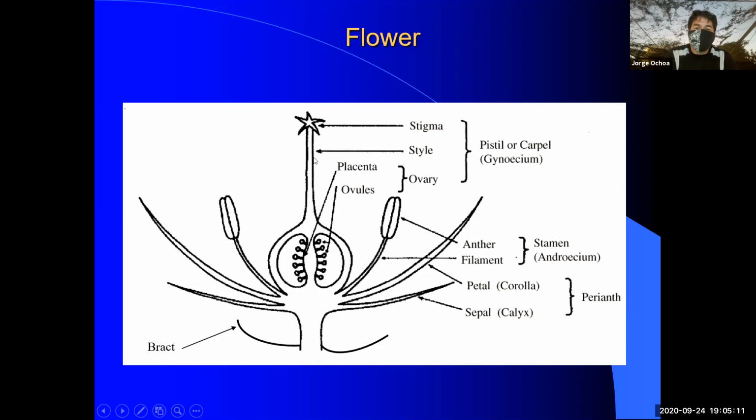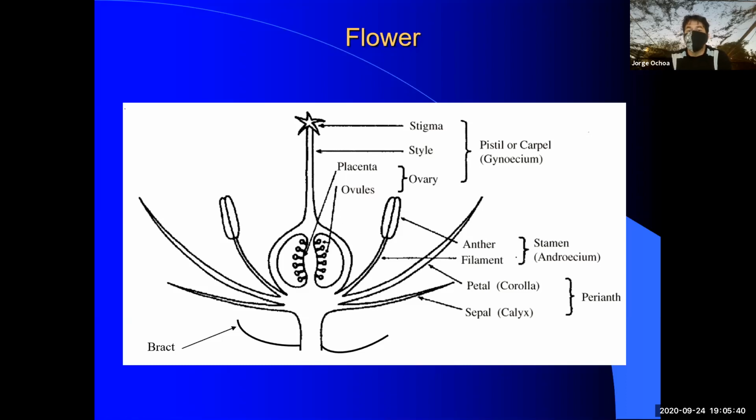And then in the middle of this drawing, we have what is referred to as, again, for a lack of a better description, the female component that is going to be made up of the stigma. The job of the stigma is to receive the pollen. That's it. The stigma is going to be connected to the style, and the style is then going to be connected to the ovary, which is going to be a compartment that is hiding the most important component, which are going to be the ovules.